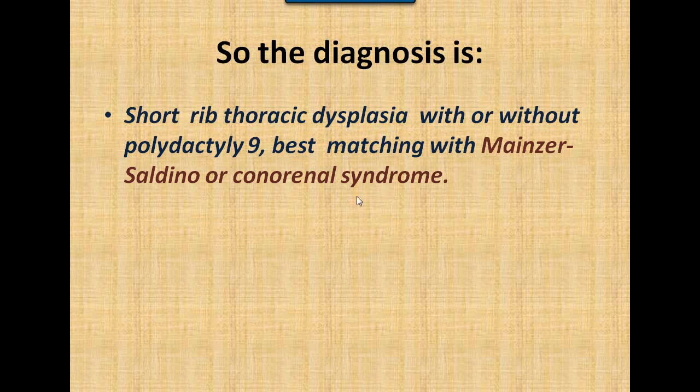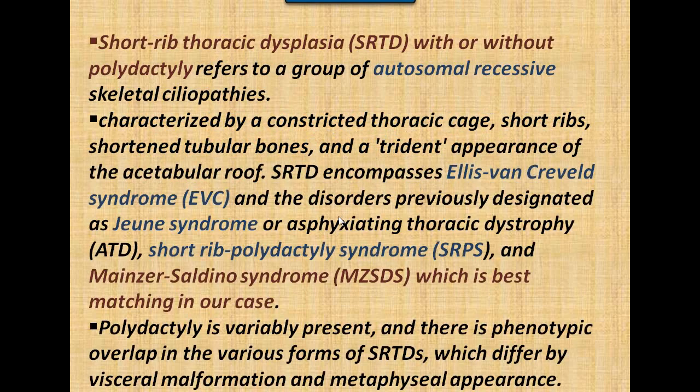Short rib thoracic dysplasia with or without polydactyly refers to a group of autosomal recessive skeletal ciliopathies characterized by a constricted thoracic cage, short ribs, shortened tubular bones, and a trident appearance of acetabular roof.